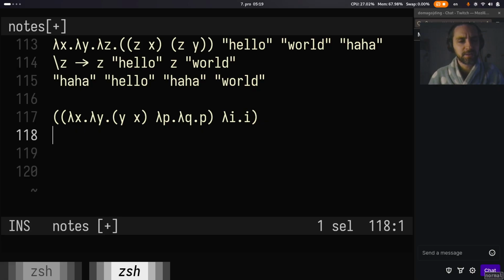Lambda x dot, lambda y dot, yx. Okay. And then on the same scope with lambda y, we have lambda p dot, lambda q, and p. Okay. And then lambda I dot I. Lambda I dot I is actually the identity function.